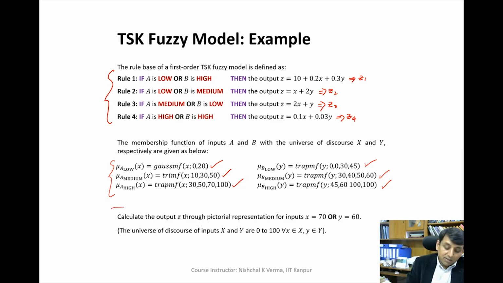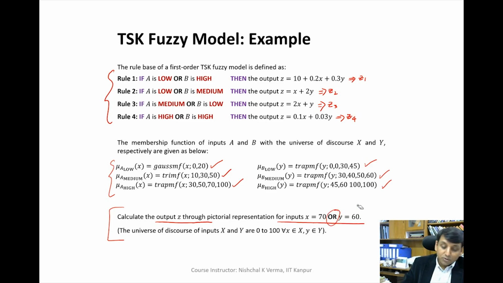So what we need to do here is calculate the output for the inputs x is equal to 70, and please understand that the connective mentioned here is OR.